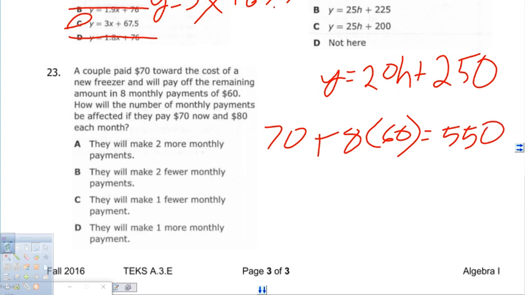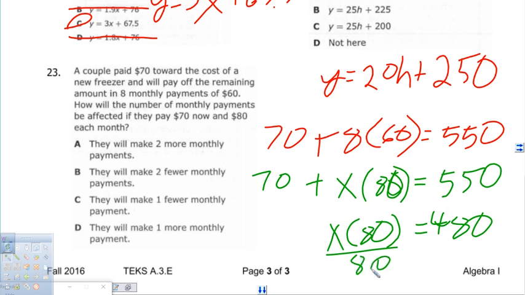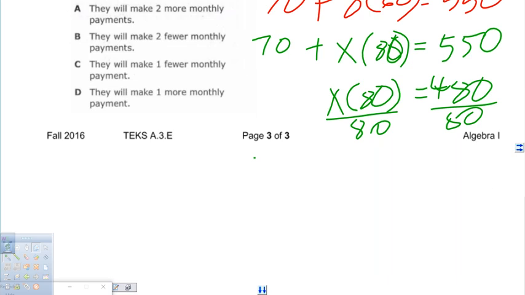Now it's wondering, what happens if we do 70 plus x times 80, since we're going to pay $80 a month now. It still needs to equal 550. So 550 minus 70 is 480, so 80x equals 480, and now we're going to divide that by 80 instead. Originally they were going to pay on this for 8 months.